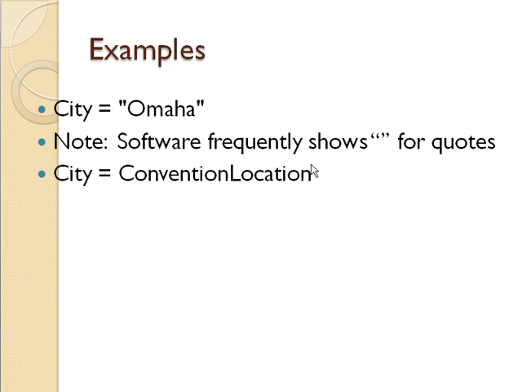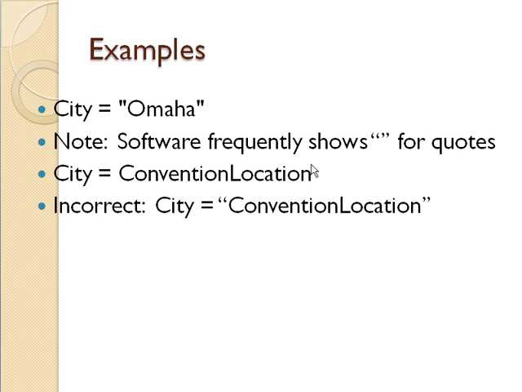If we have an example that uses two variables, city equal convention location, convention location is a variable name. It contains something like Omaha or Des Moines or Las Vegas. But the variable name itself is not enclosed in double quotes. It would be incorrect to code it like this: city equals double quote convention location double quote.